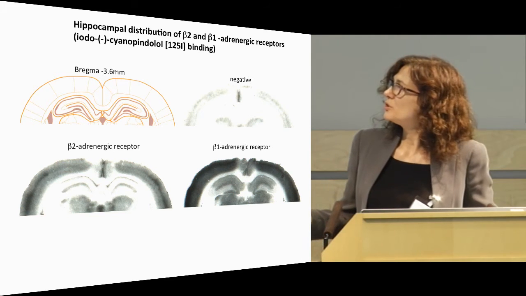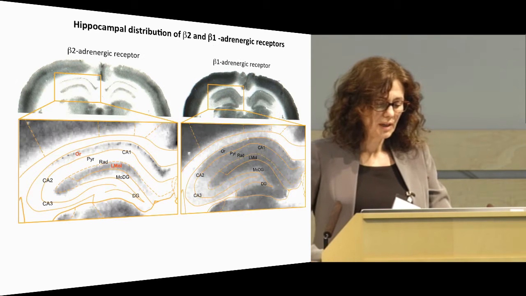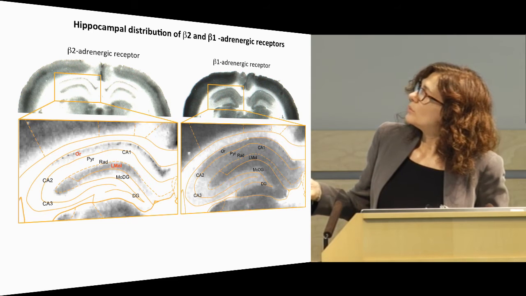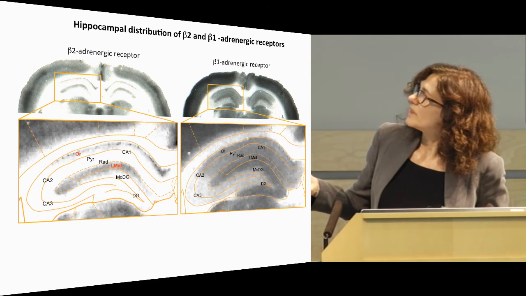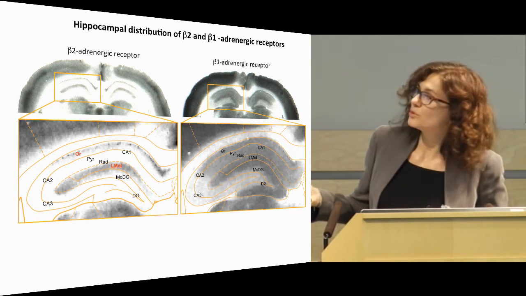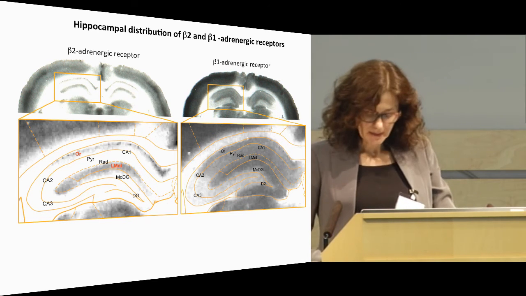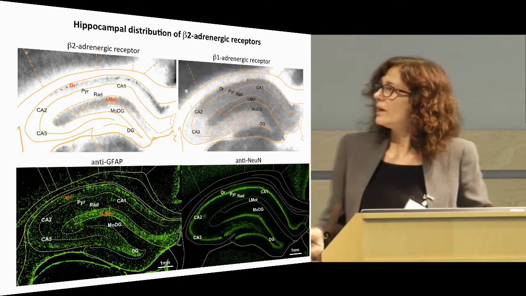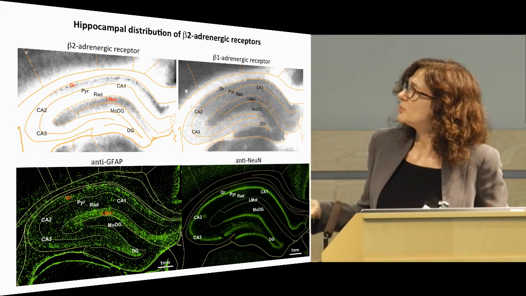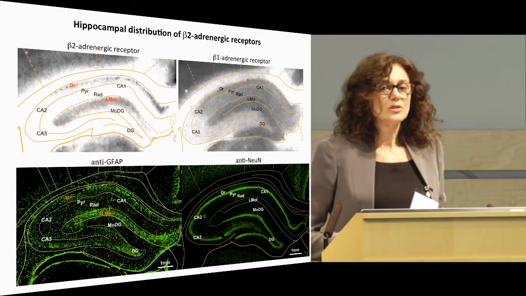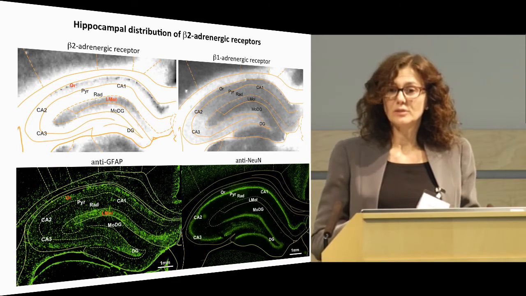And this distribution is interesting because if we zoom in on the hippocampus, we see that the beta-2 adrenergic receptors are particularly enriched in the oriens and in the lacunosum moleculare. Beta-1 is more evenly distributed. And this distribution actually corresponds to an enrichment of astrocytes in those subregions. So beta-2 receptors are most likely enriched on astrocytes.